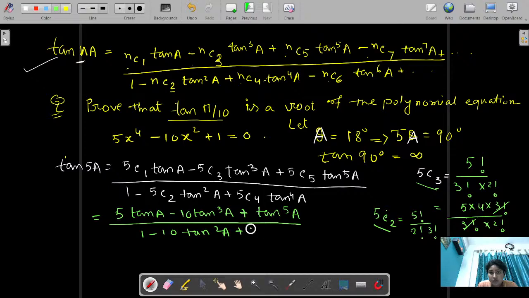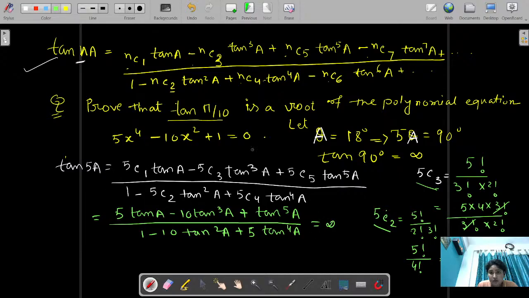So 5 factorial divided by 4 factorial, what will you get if you do so? Let us do 5 factorial by 4 factorial and 1 factorial. Simply you will get 5. So this will be 5 tan to the power 4A. This is your value, and this will be equal to infinity.